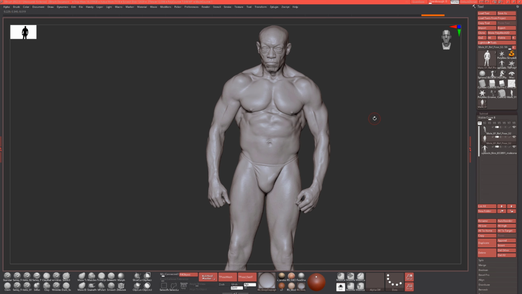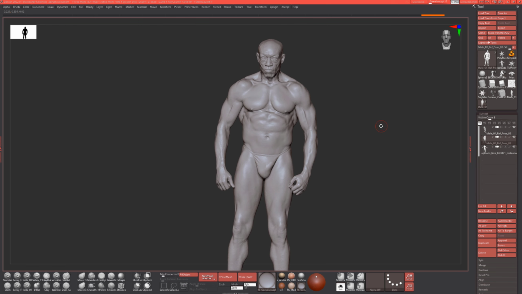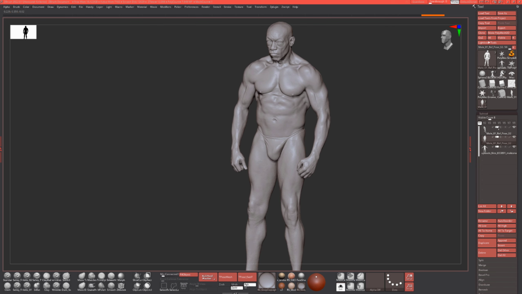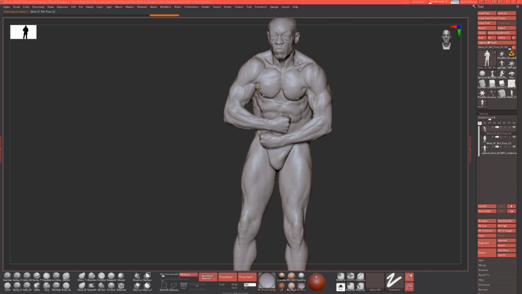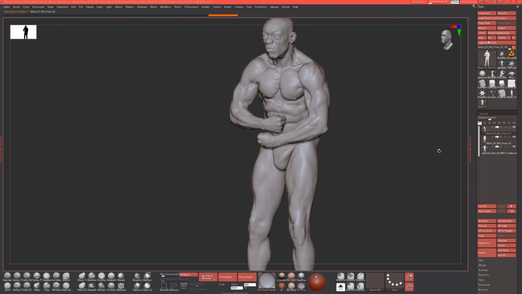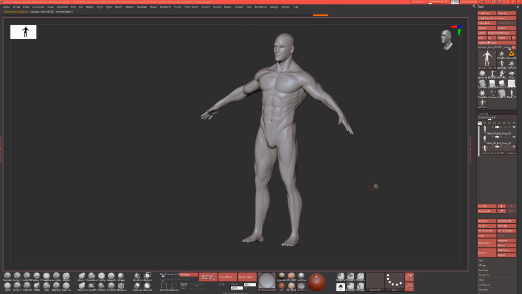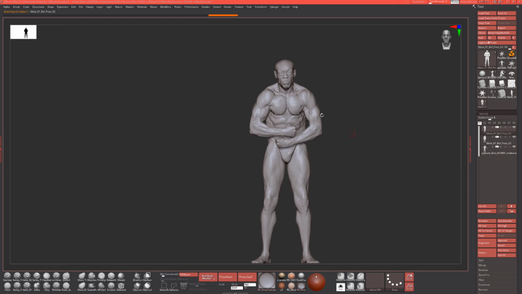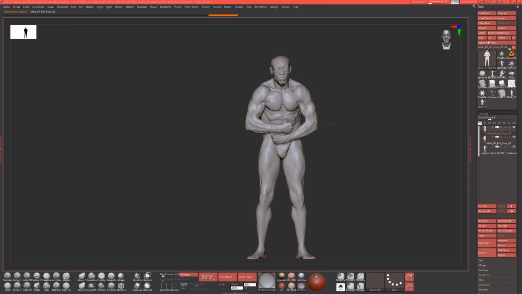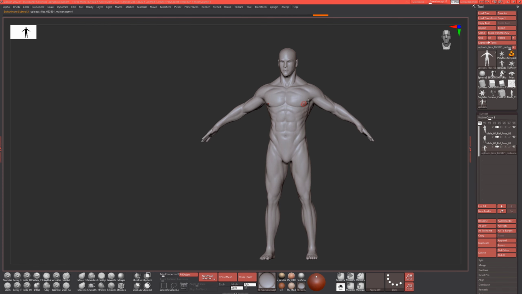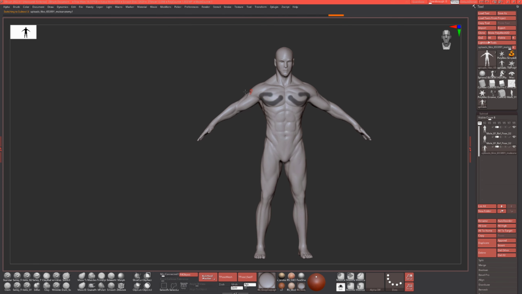And so what I wanted to do here to illustrate some of the things, and I hope this will work, is put some markers on the model and compare that with the model that we see here, even though we have different poses, different positions of the arms, for example. So here, if we compare, the pecs are just being stretched.